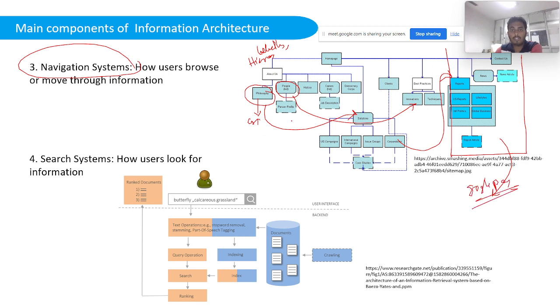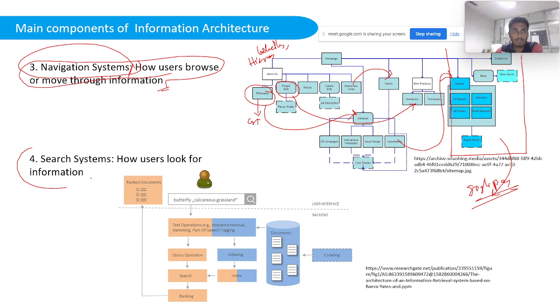So the planning of how the user will navigate between different elements and how the overall functionalities will be performed is determined by designing various navigational schemes. This is the third component: design of the navigation system.